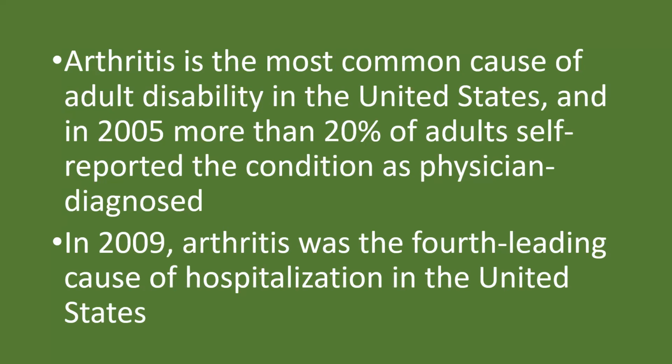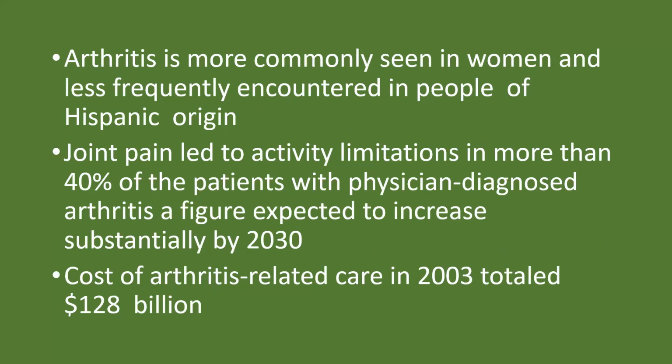This is more commonly seen in women and less frequently in people of Hispanic origin. Joint pain led to activity limitations in more than 40% of the patients with physician-diagnosed arthritis, a figure expected to increase substantially by 2030.